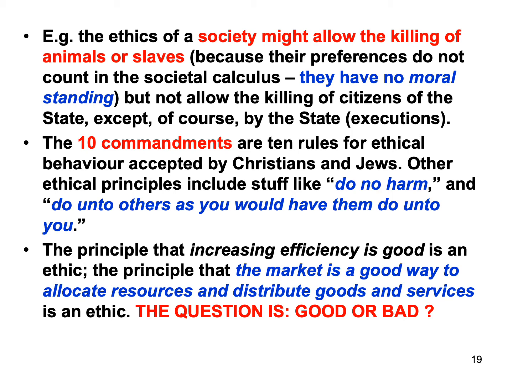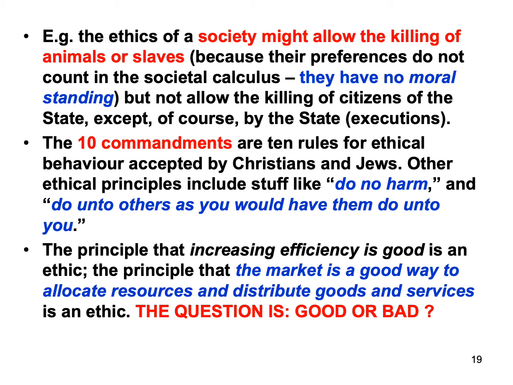Or, for example, the Ten Commandments are 10 rules for ethical behavior accepted by Christians and Jews. Other ethical principles include things like do not harm and do unto others as you would have them do unto you. The principle that increasing efficiency is good is an economic ethic.